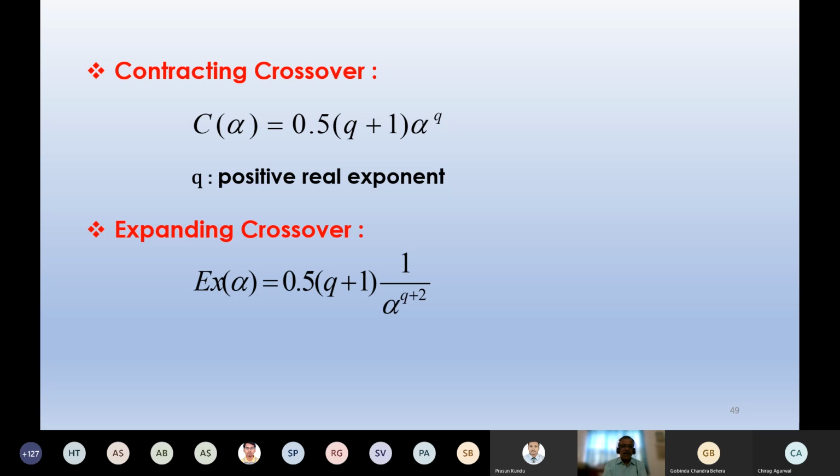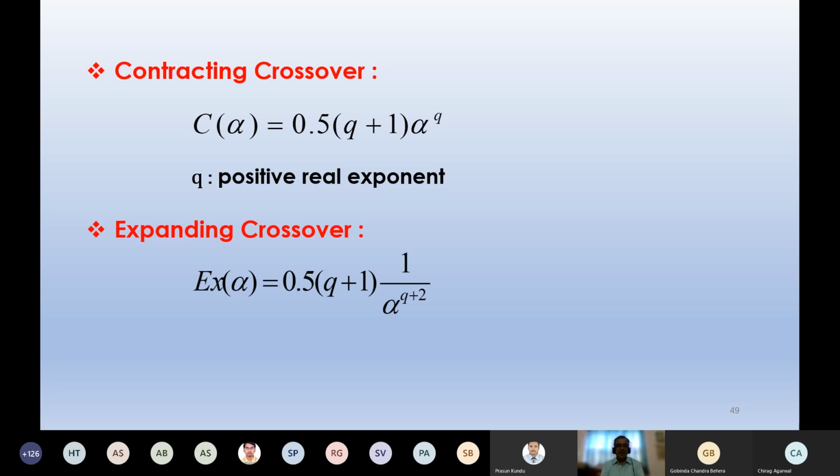So this particular mathematical expression is not unique. Now the way they explained is as follows. The contracting crossover C of alpha is nothing but 0.5 multiplied by (q plus 1) multiplied by alpha raised to the power q. What is q? Q is nothing but a positive real exponent.